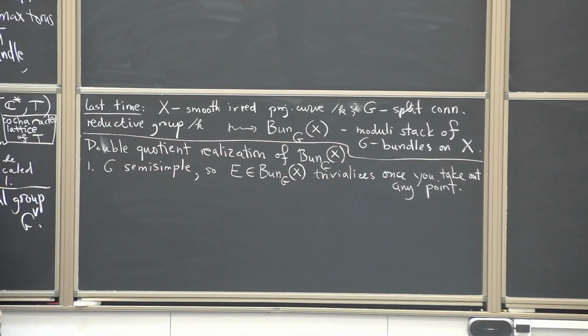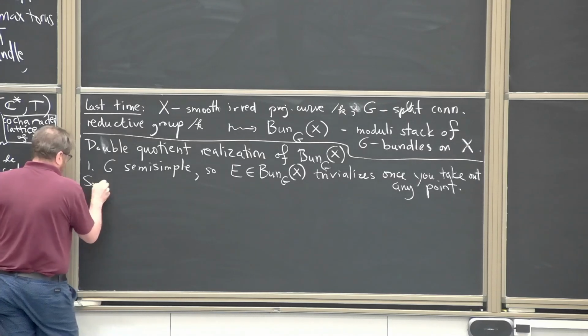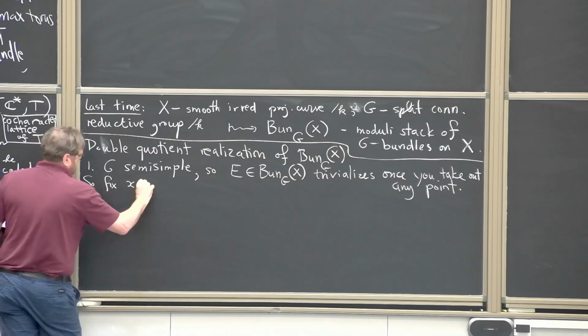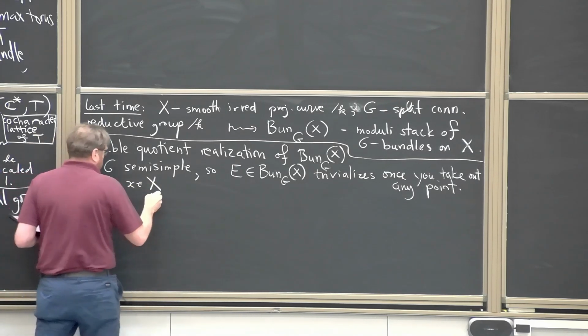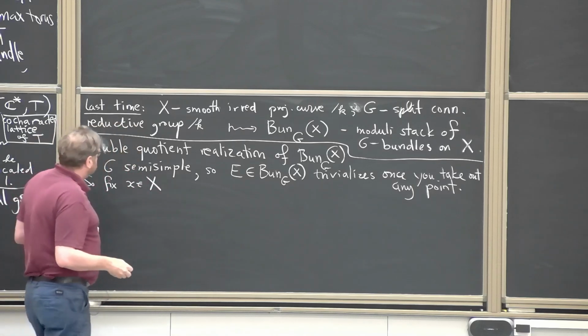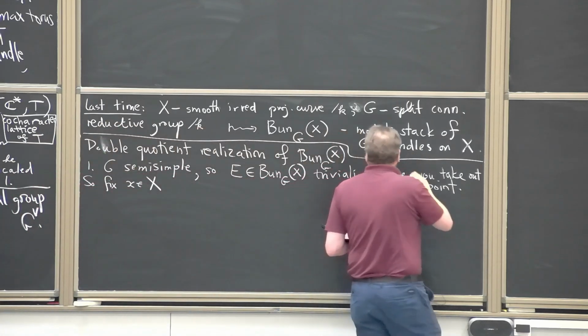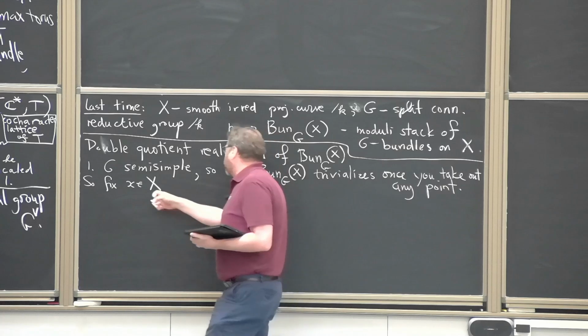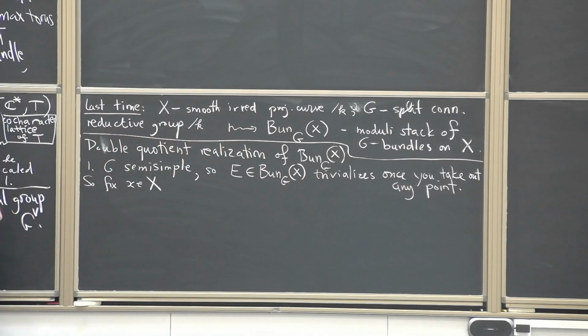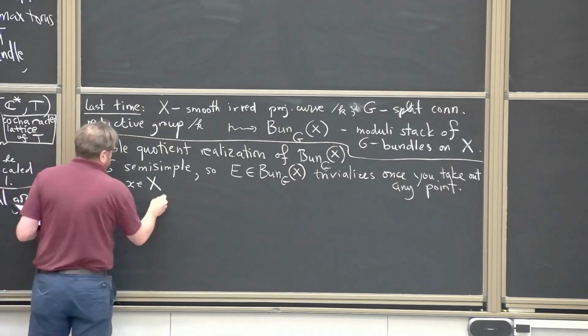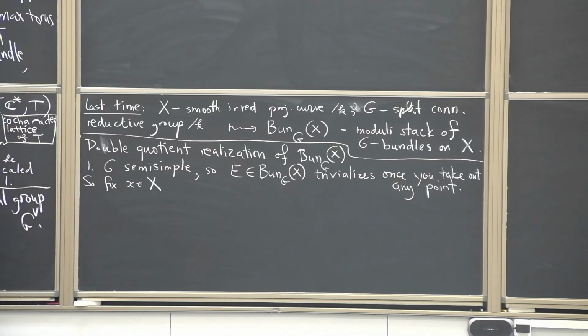So let's fix a point. So let me first consider the case of an algebraically closed field. So then we always have a point. And when I write x, it's really x of k, but I'm going to skip it.